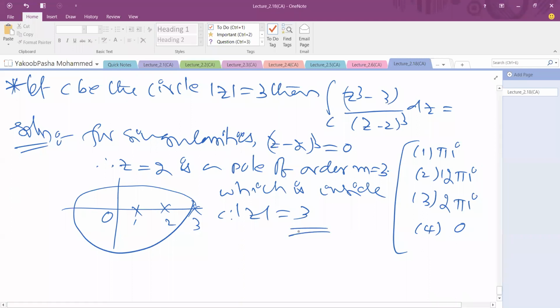First we have to calculate the residue, then apply the definition of residue.